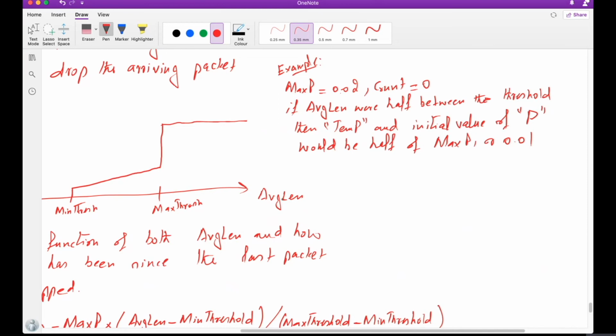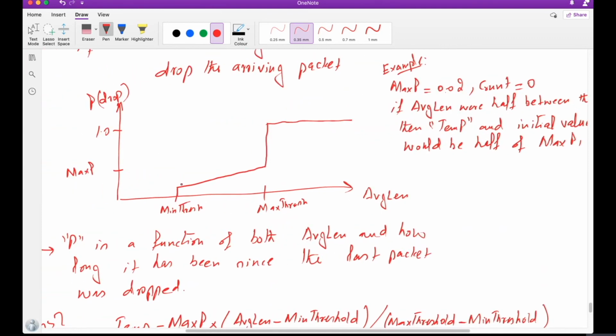So if a new packet arrives, there are 99 in 100 chances that it will get into the queue at this point, right? But P is increasing slowly, right?